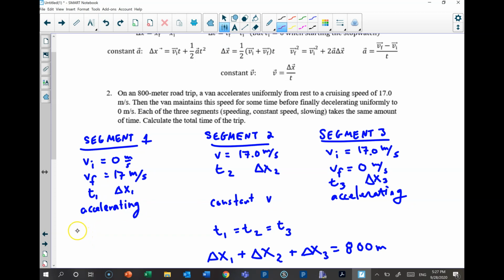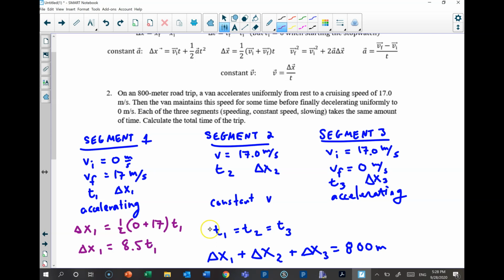All right, the equation is delta x1, because I'm applying this to the first segment, is equal to 1/2 (VI plus VF) multiplied by T1. And maybe I'll go ahead and plug in VI and VF. VI is 0, VF is 17. So when I work this out, I've now got delta x1 equals, what's half of 17? 8.5 T1.